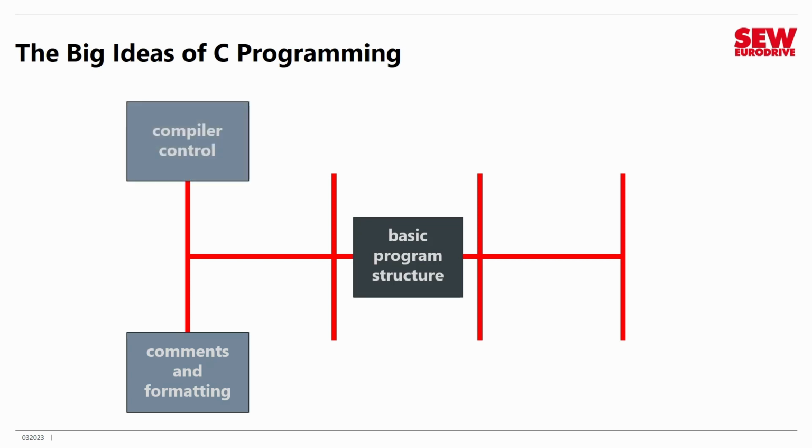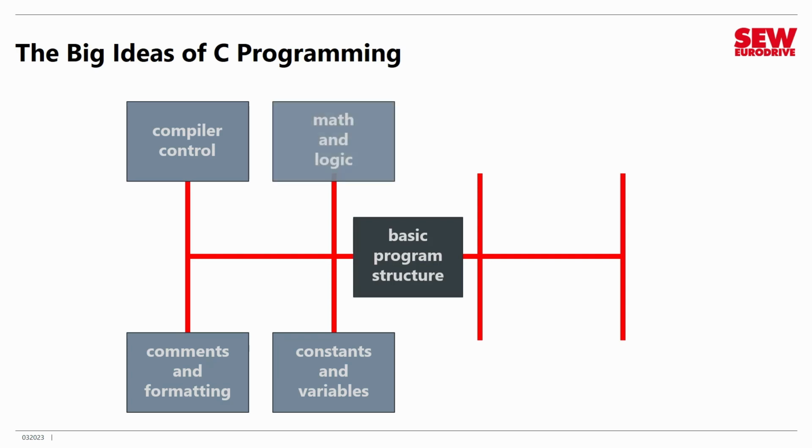We're going to talk about what's called compiler control, where you put things in your code that really tell the compiler what to do. Then we're going to look at constants and variables. These are both very important because that's how we represent information in our program to control the VFD. We'll be looking at math and logic, how we manipulate constants and variables to do different things.